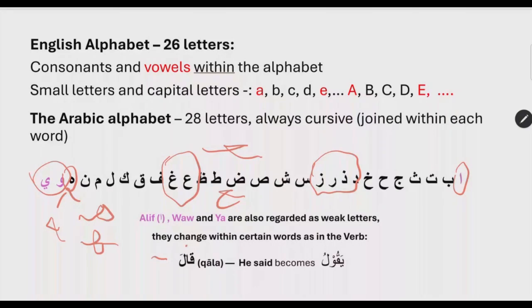If you notice, there's an alif in the middle, and this alif becomes a waw when we change it into the present tense of this particular verb, yaqulu, he is saying or he says. So this is another unique feature of some of the words that have these weak letters in them, that sometimes they change to something else, and sometimes they just get omitted because you can't pronounce some of those vowels that are on it when they are put together with two of these weak letters together.